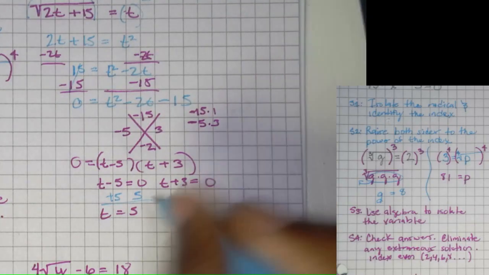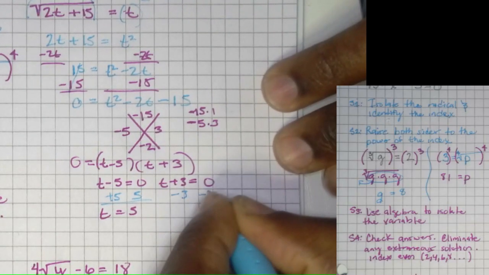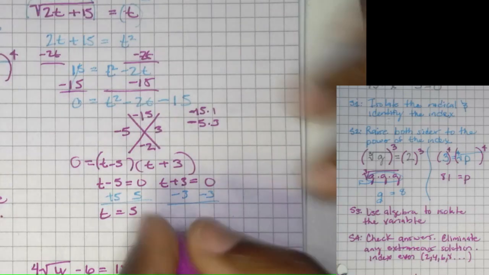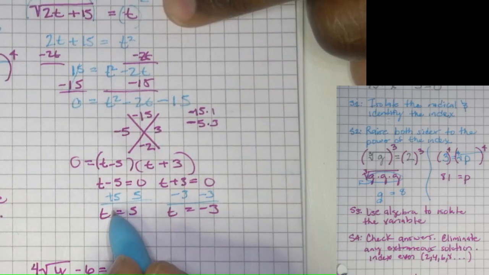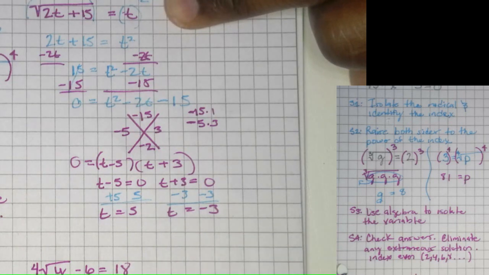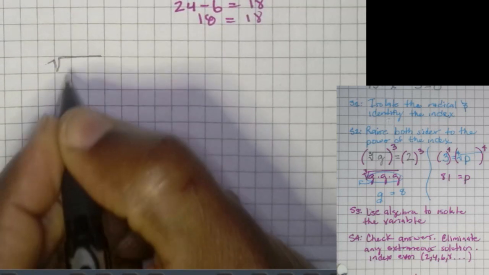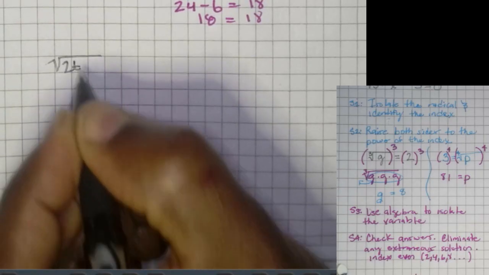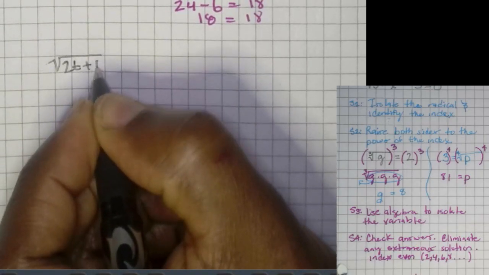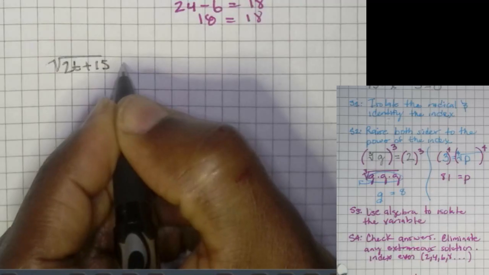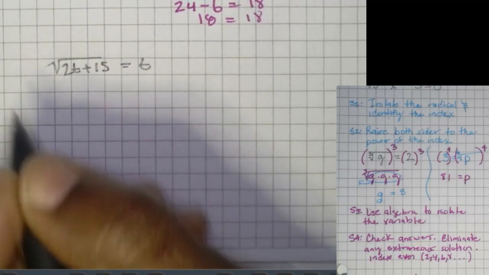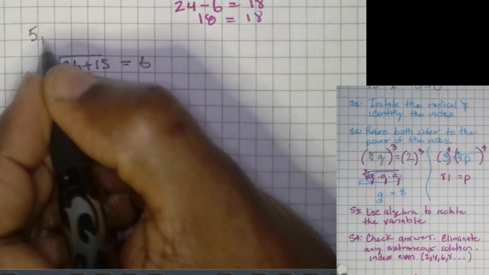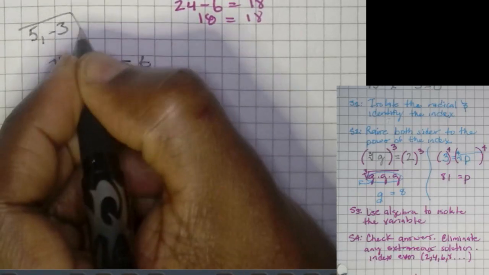Our next one, subtract 3 on both sides, and we have t is equal to negative 3. One of these will not satisfy. All right. Square root of 2t plus 15 equals t. We're trying to find out if 5 and negative 3 are both solutions.